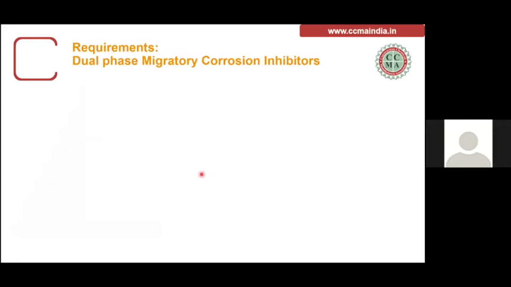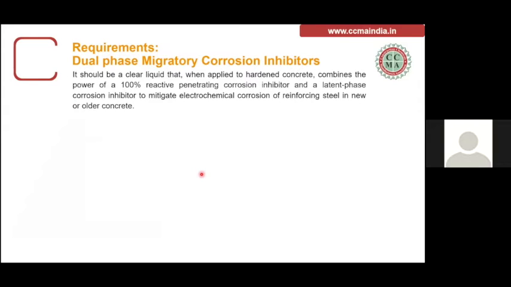So what are the requirements? It should be a clear liquid. Ideally, it should be applied on hardened concrete, combining the power of a 100% reactive penetrating corrosion inhibitor and a latent phase corrosion inhibitor.